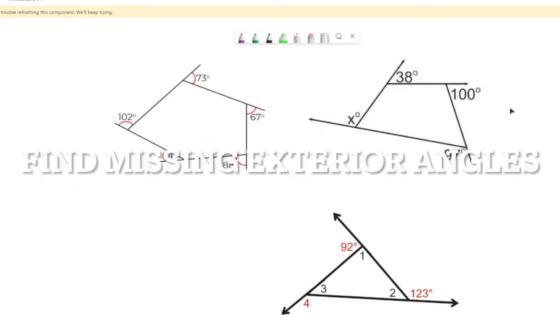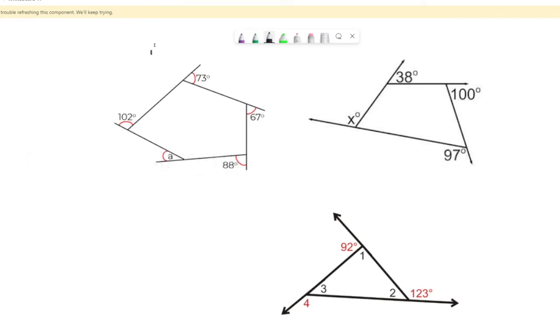Okay, let's figure out how much is the missing exterior angle here in question number 1. This one is the missing one. We know they all add up to 360. So first we need to add whatever angles are given to us: 73, 102, 67 and 88. We will add them together.